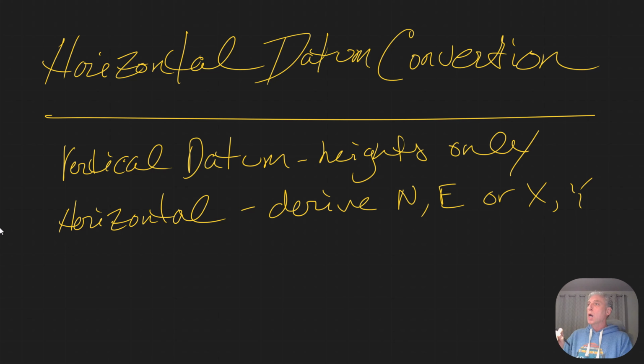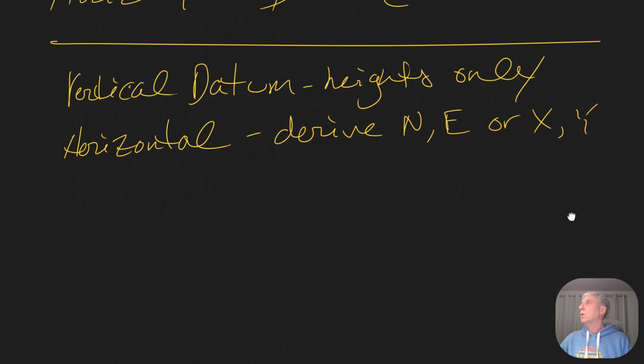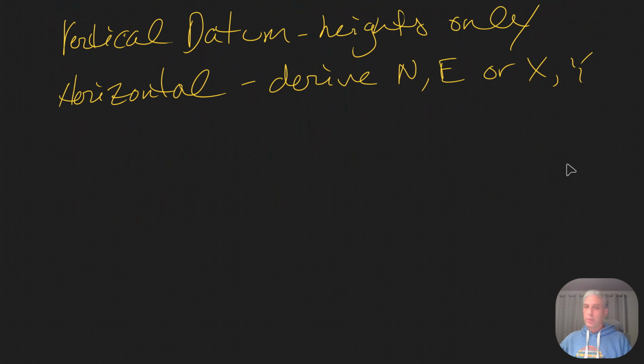So when we're talking about horizontal datum conversion, there are several cases we could consider. And we're going to zero in on one method dealing with the 29 to the 88 or back the other way. I'm going to scoot this up. And so when we are moving horizontal datums, there's a few cases that we have to consider.